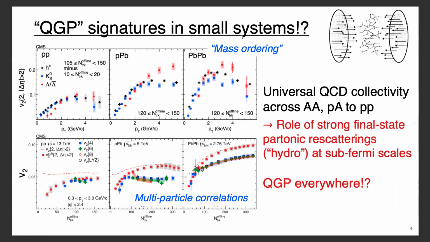Although we clearly see a lot of similarity across different systems, when you actually try to use hydro to predict what you get in PP, that doesn't seem to work for whatever reason. PLead is a bit better. PLead is much better, but yeah. Bigger geometry.